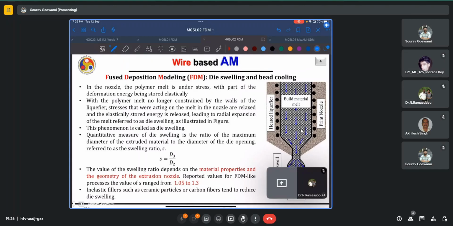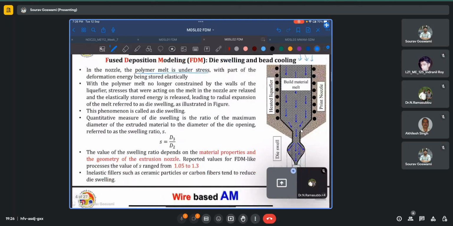Now, it would be obvious that inside the nozzle, the polymer melt is under a stress because of the compressive forces from this side, which is continuously feeding the filament into the liquefier. And when it is finally getting extruded from the tip of the nozzle, the melt is no longer constrained, and the stresses that were acting on the melt in the nozzle are relaxed.